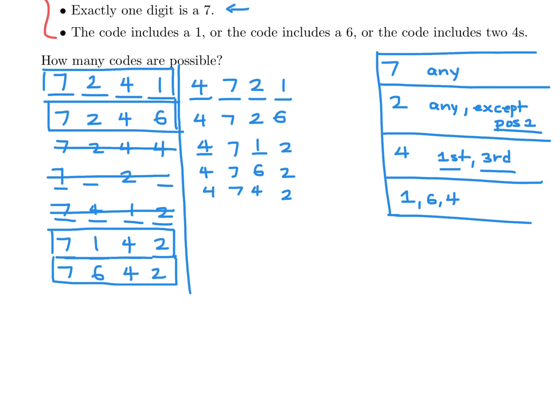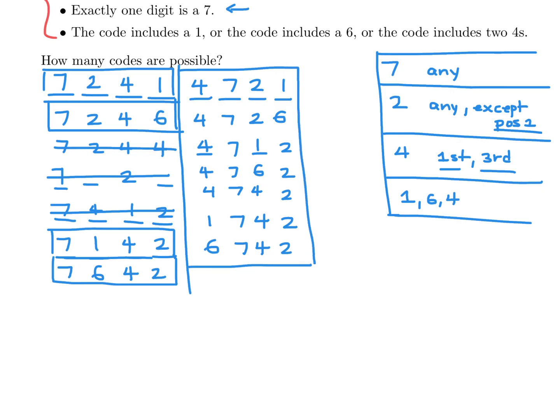And then let's do this again with the 2. This time I put the 4 here. And then we put the 1 and the 6 here. So I got quite a few there. 1, 2, 3, 4, 5, 6, 7. So 7, when the 7 was put in the second position.